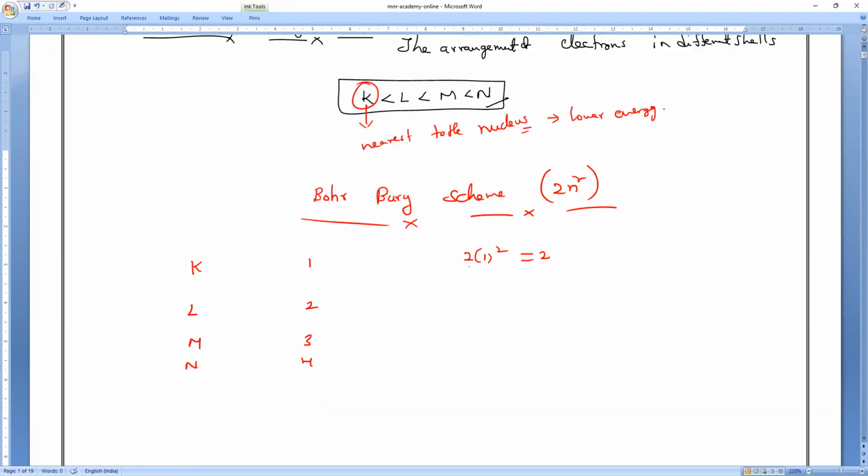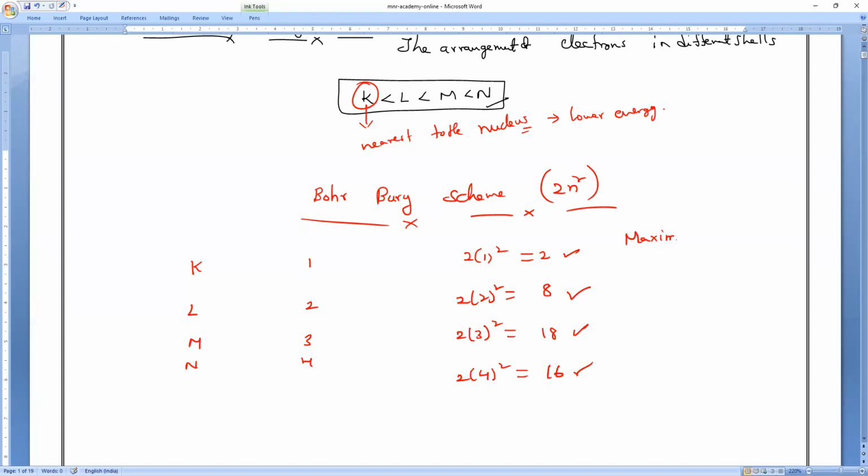Next, 2 into 2 square is 2 into 4, which is 8. Next, 2 into 3 square is 18. 2 into 4 square is 16. So this is the maximum capacity.